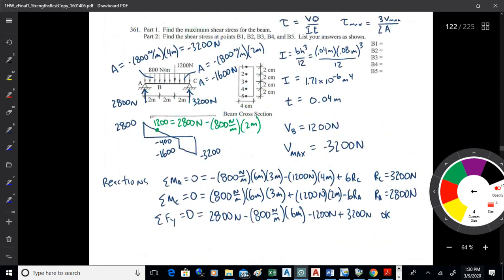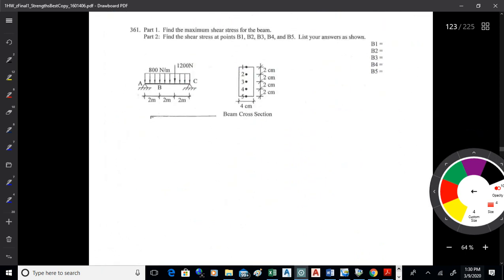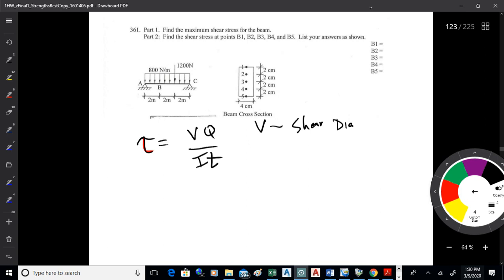All right. Now the next two, 361 and 2, are shear problems. What we've got going on there is a different formula. So tau is VQ over IT. To get V, you go to the shear diagram. Q is that AD.